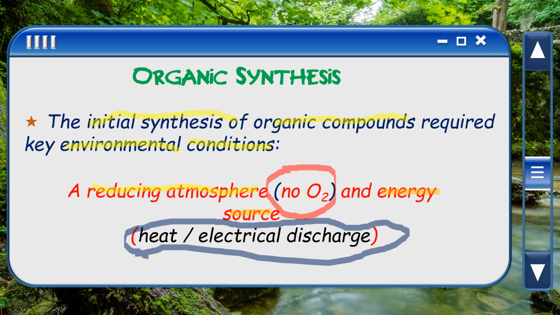So those were the key environmental conditions that were required in the initial synthesis of an organic compound. We needed a reducing atmosphere, that is an atmosphere without oxygen, and then there was need for a source of energy.